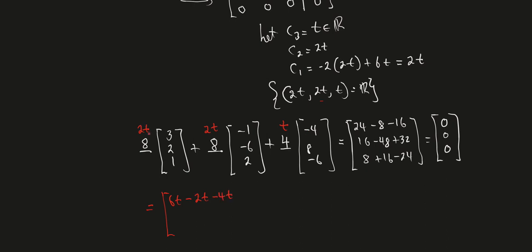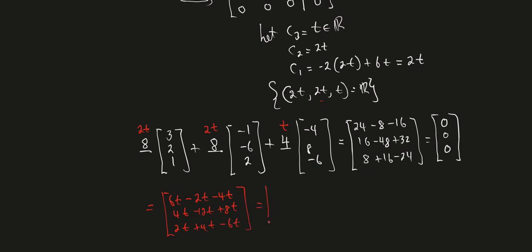If I take the 2t and multiply the middle component, I'll have 4t there, and then minus 12t there, and then 8t there. Then finally, if I take whatever this 2t ends up being and multiply the 1, I'll have 2t. Multiply the 2, I'll have 4t. And then multiply the negative 6, I'll have negative 6t.